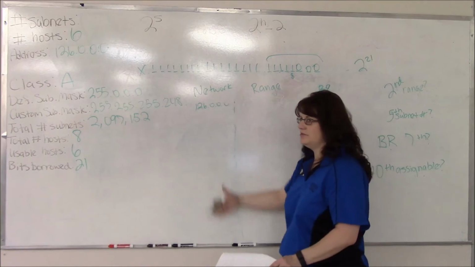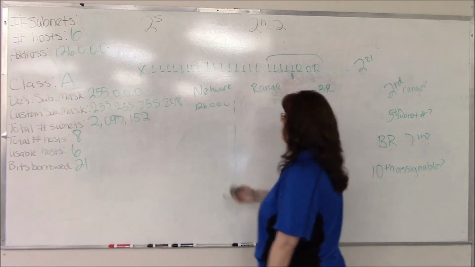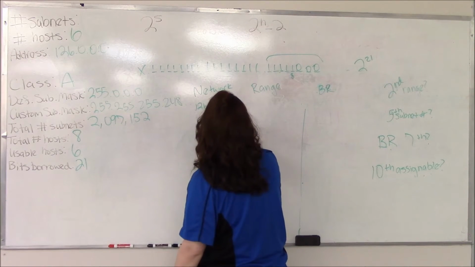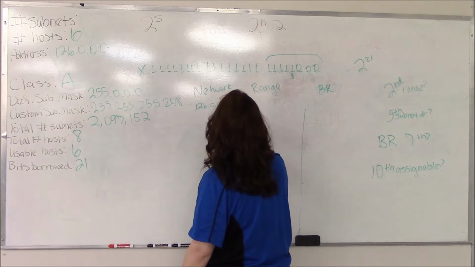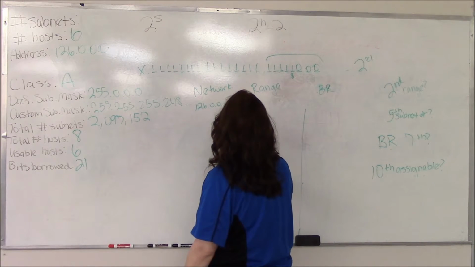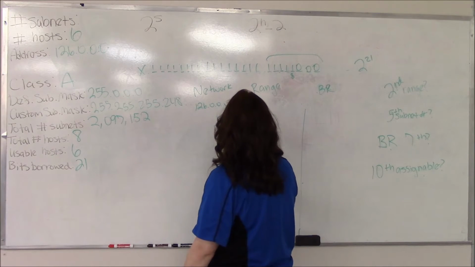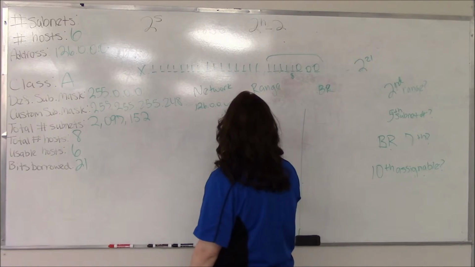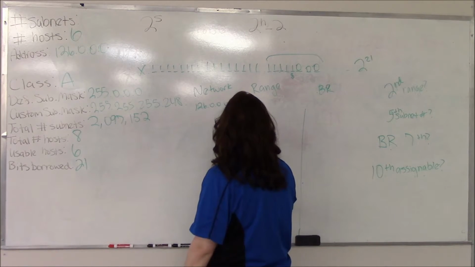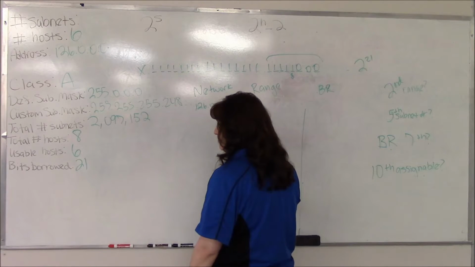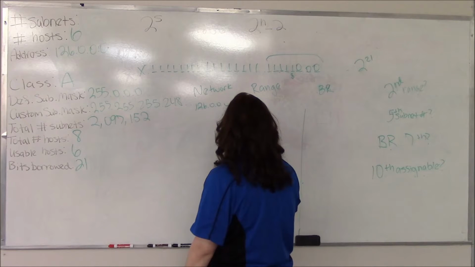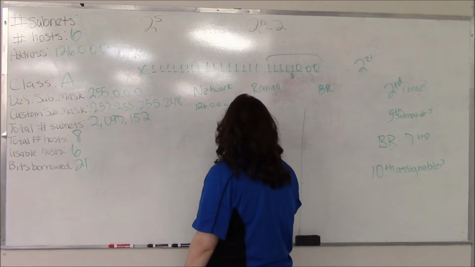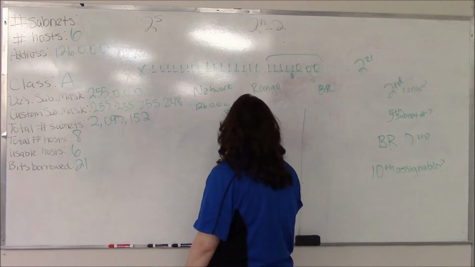Hence all the subnets, right? Because the increment is really small, which is going to make it .8, .16, .24, 32, 40, 48, 56, 64, 72, 80, 88, 96, 104.